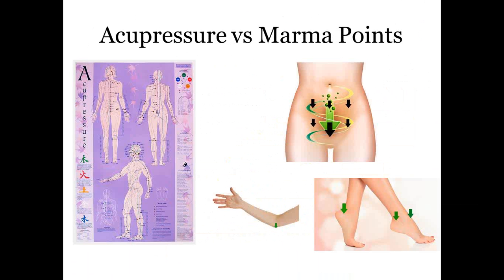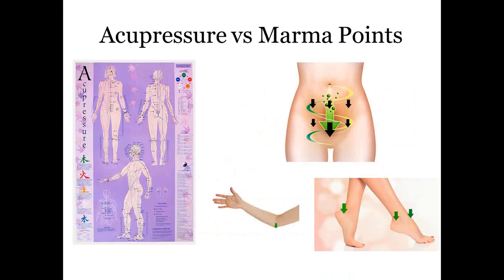And as you can see on the right side of the slide, there are about 6 Marma points on the lower abdomen below the belly button that can be used in Marma to remove certain abnormal areas of energy focus.